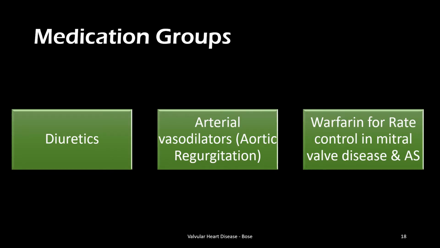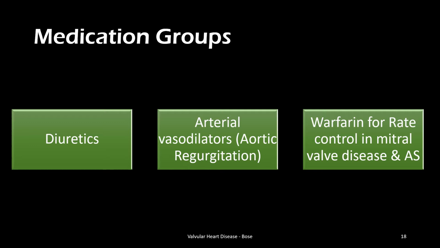The drugs used in valvular heart disease aim to reduce the circulating blood volume, and this is done by the use of diuretics. Reducing the afterload, especially in aortic regurgitation, allows blood to flow into the aorta well and not fall back into the ventricle through a regurgitating aortic valve.